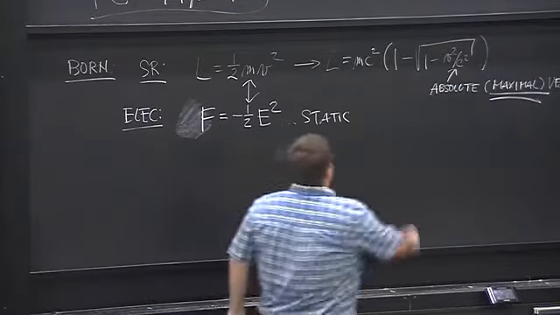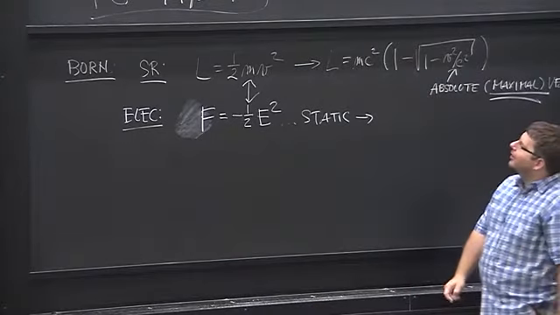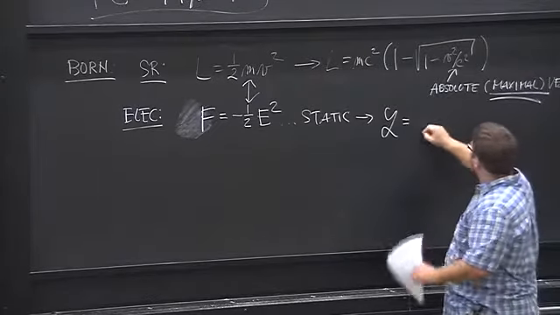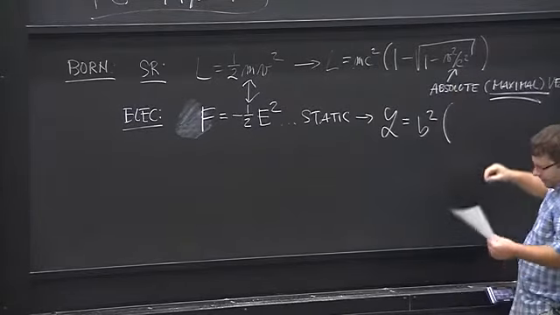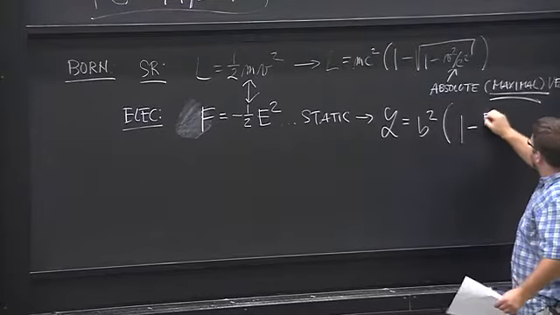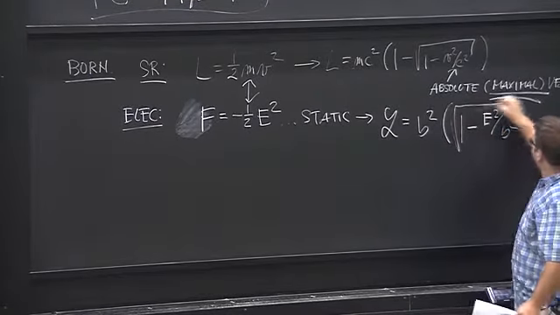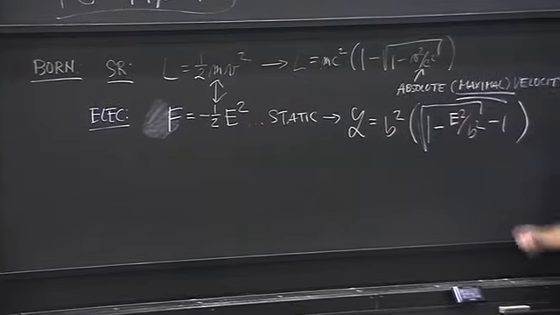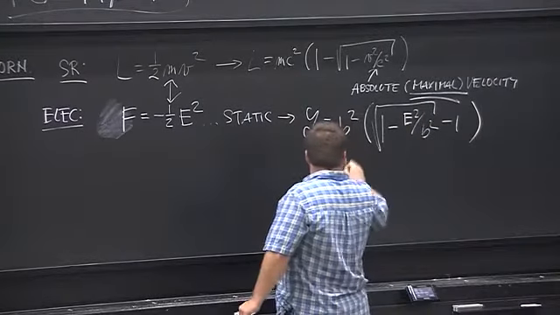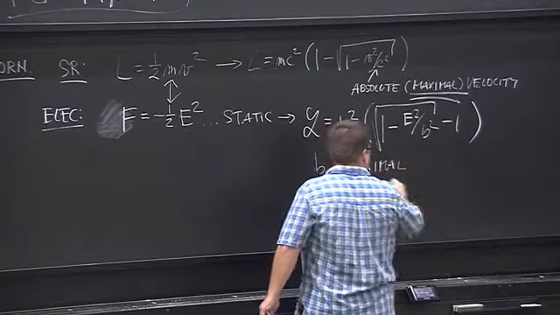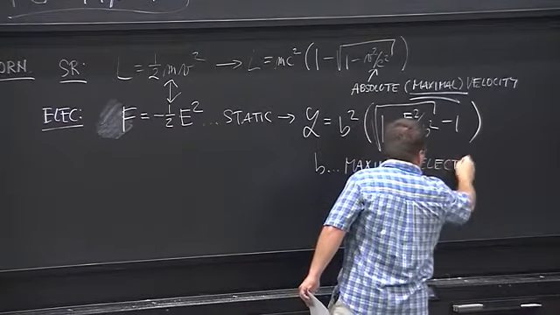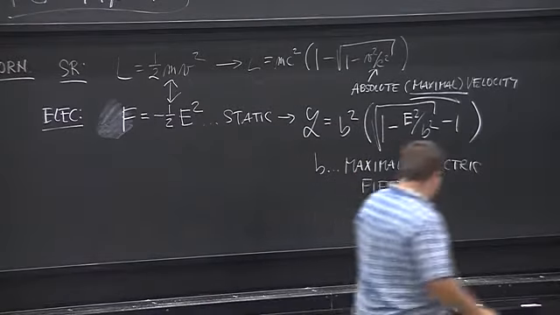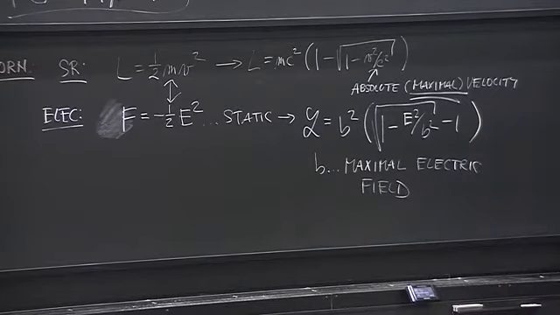Then what Born said is, let's write down the corresponding Lagrangian. The Lagrangian density would be now b square, and I'm switching the signs, but it doesn't matter, times the square root of 1 minus E square over b square, minus 1. Just this direct analogy, where I say b is the maximal electric field I can have in nature. In other words, it's the value of that field at r equal to 0.